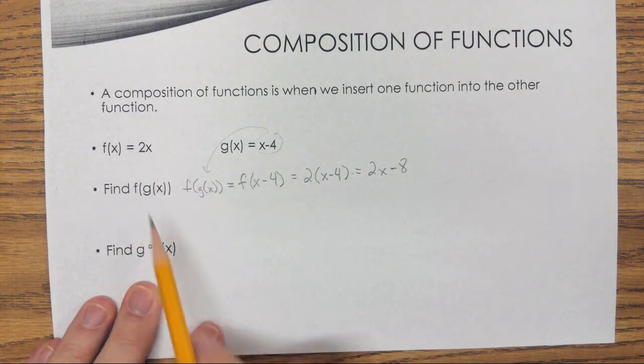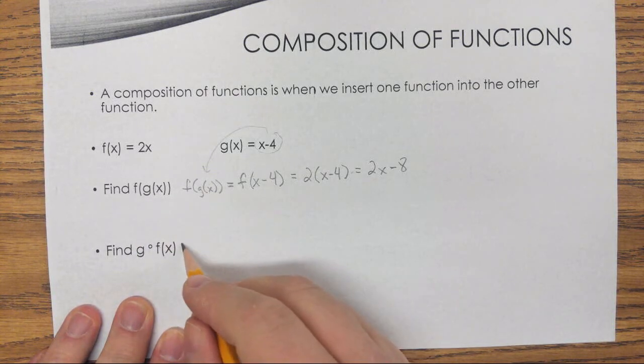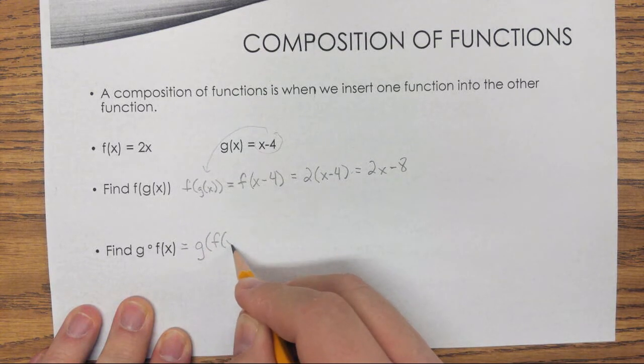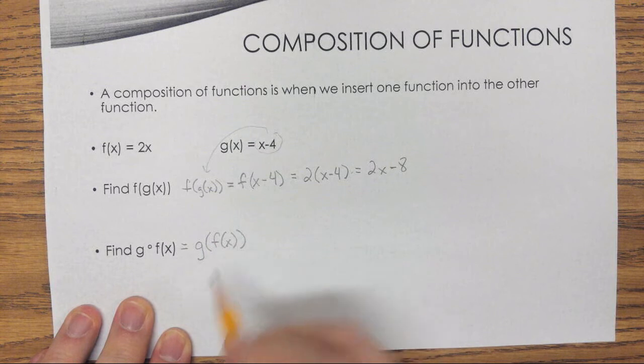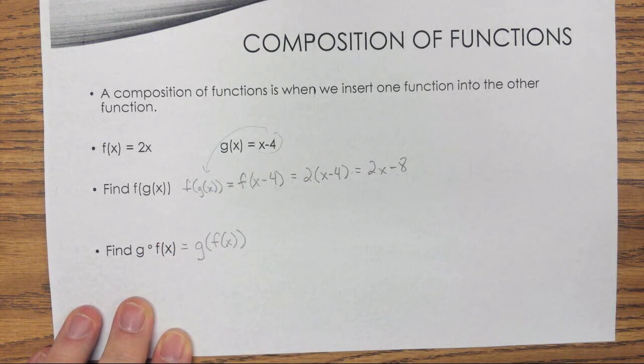Sometimes, instead of written like this, you'll see it written like this, where you've got your g function with the little circle in between the g and the f. So this is the same as this. This is f of g of x, but this one is g of f of x, so it would be kind of like this. Instead, it's kind of backwards. Whatever the first one that comes is the one that we're plugging the other function into, okay?